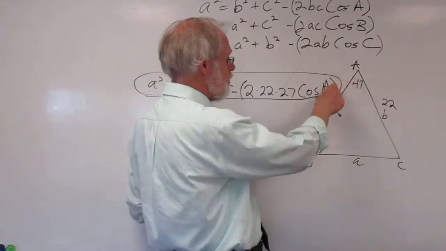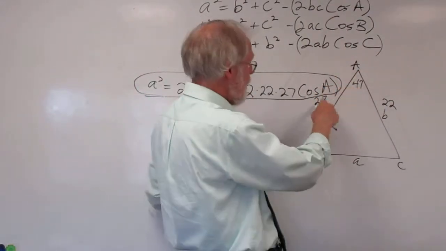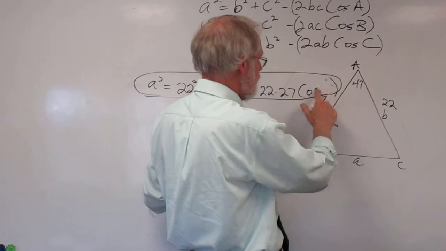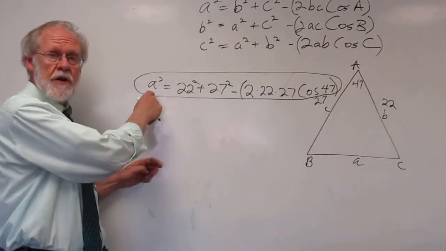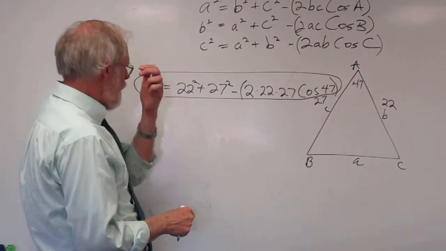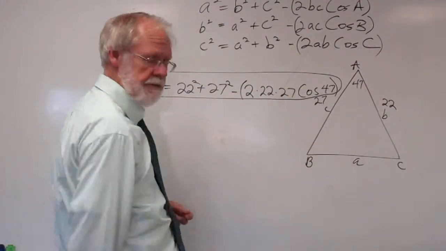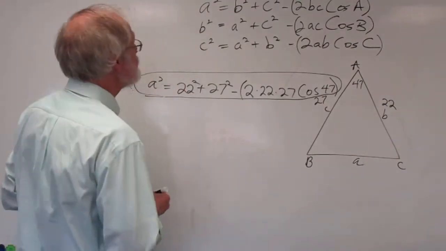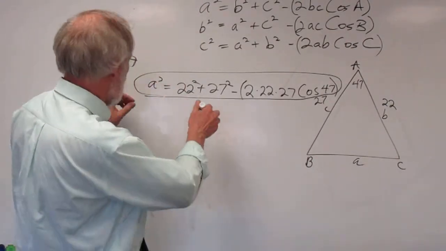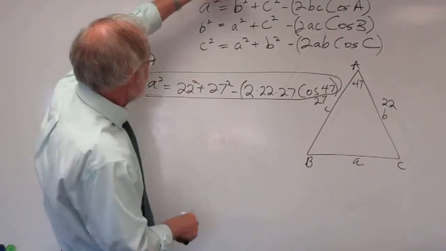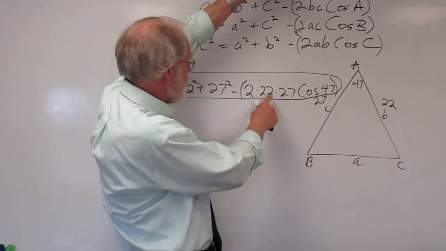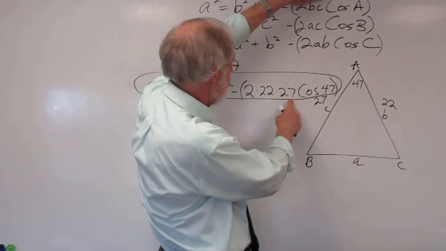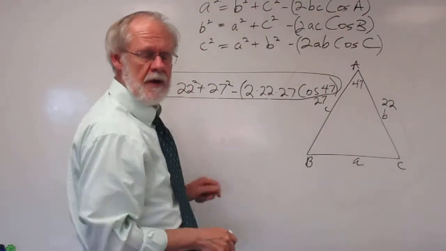Angle A is 47, so this should really be cosine of 47. That leaves me with just one variable. Now all we have to do is multiply it all out and add it up. I put in 22 for b, 27 for c, and 47 for angle A.